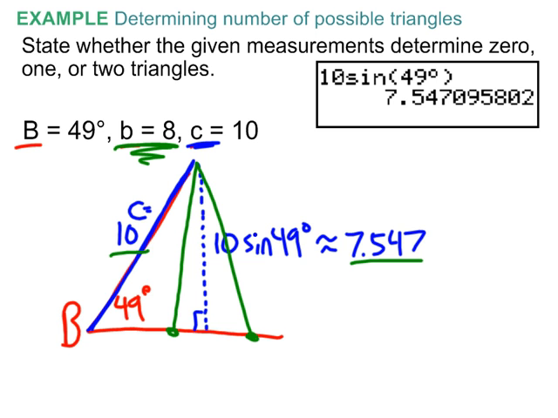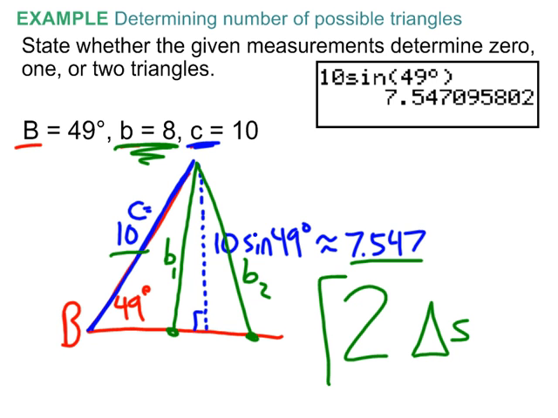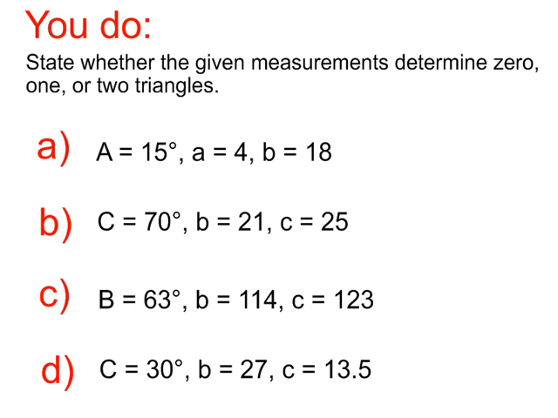And again, we'll wait till next time to actually solve those two possible triangles. But to answer the question that was put here, we would just say that is 2 triangles and call it a day. All right, I hope that made sense. As always, if it didn't, come by office hours. Here are several for you to try. You know the drill. Pause the video, please, and give it a shot.